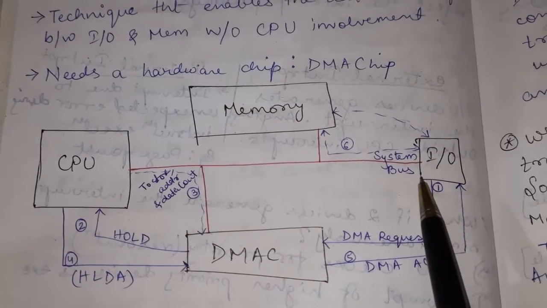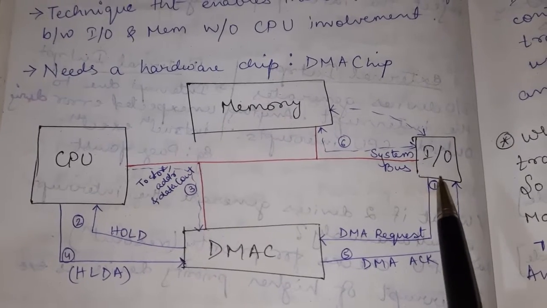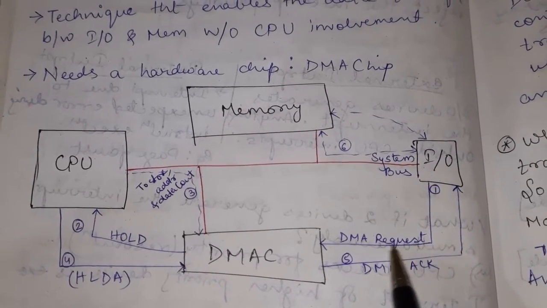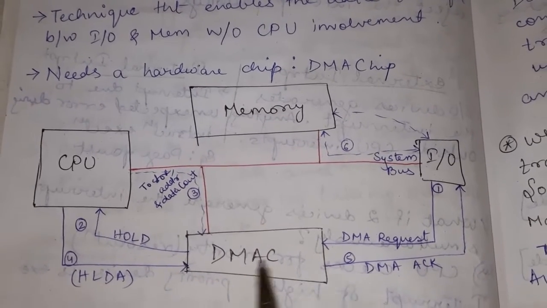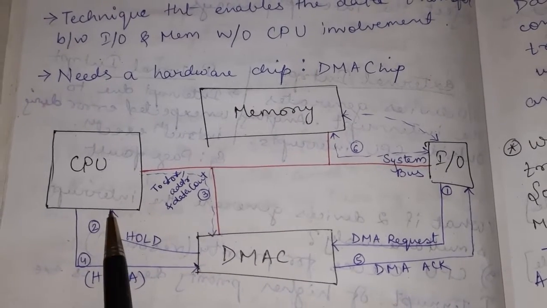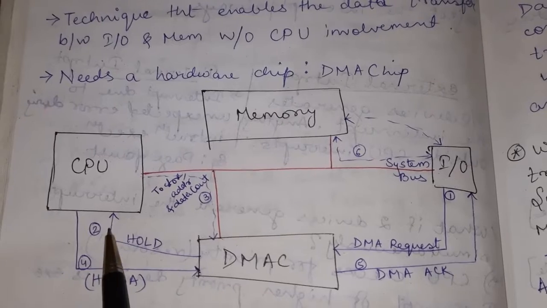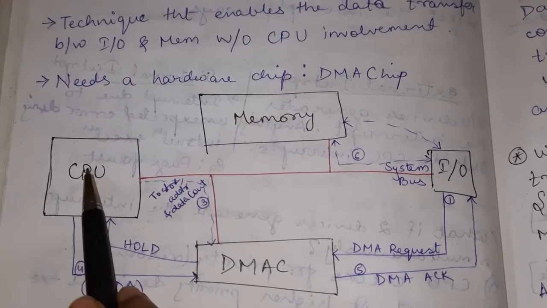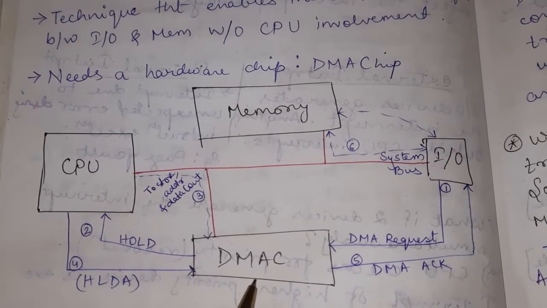Now whenever the input output has any data that is to be updated, it will first send a DMA request to DMAC. Then DMAC will say to the CPU by sending a hold request, CPU, you have to wait, I have to perform some transactions.